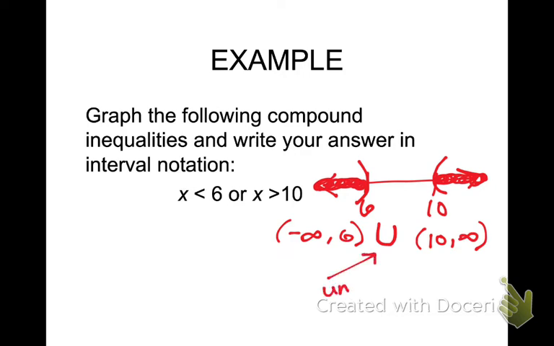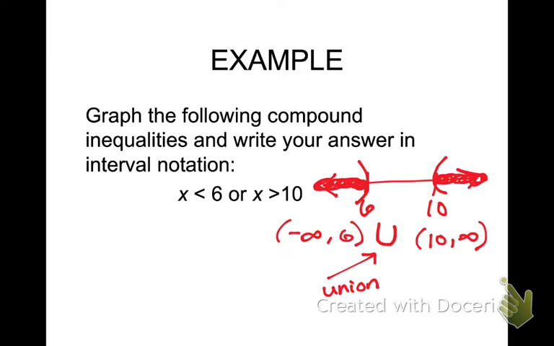Because remember we said that or in compound inequalities is the union of the two. So I am taking the union of this inequality and this inequality. So that's what your interval notation is going to look like with or compound inequalities. You're going to have the union of two inequalities.